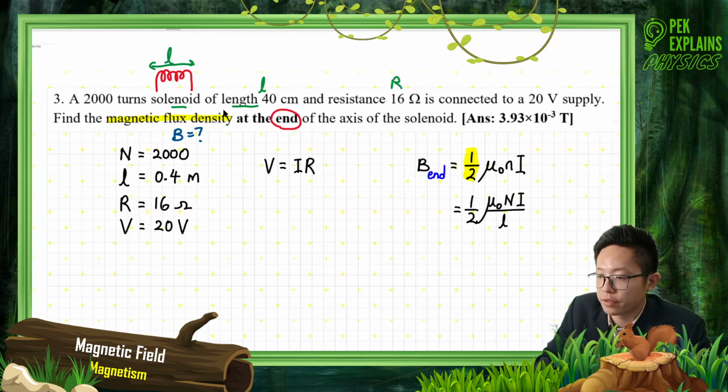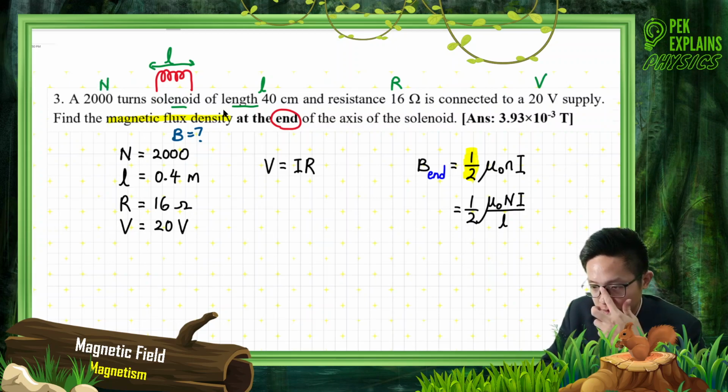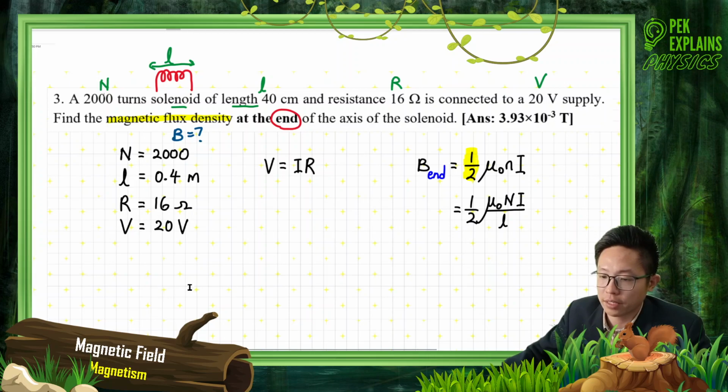The question also provides us resistance, voltage, and multiple turns, n turns. So these are the values. I rewrite them down. The 40 cm I change to meters as a unit. Now for the formula I need current, but I don't have current.